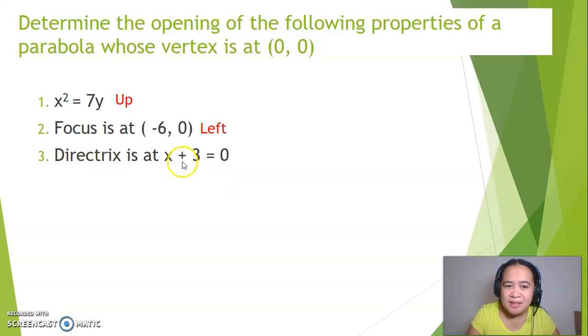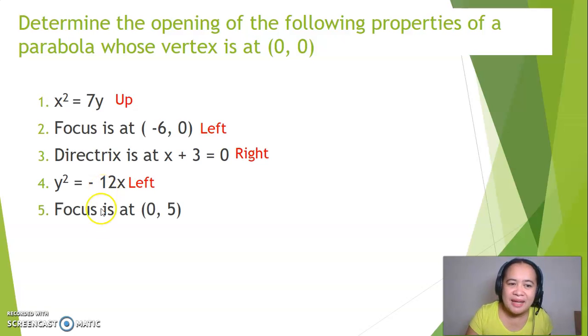Directrix is x plus 3 equals 0, or x is equal to negative 3. Negative 3 is located at the left. So remember, the directrix is at the back of the vertex, so therefore it opens right. Okay, y is squared and 4p is negative, so therefore it opens left. Next, the focus is at (0, 5). (0, 5) is located at the top, so therefore it opens up.